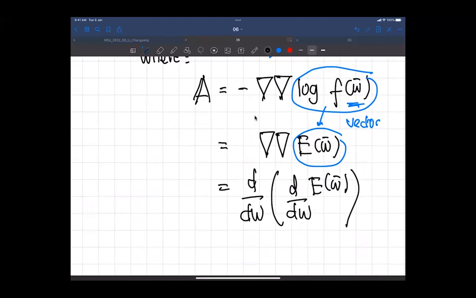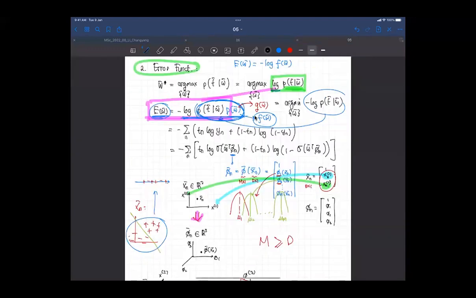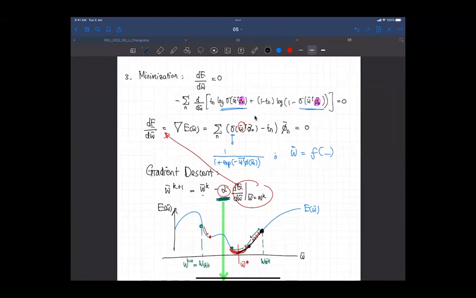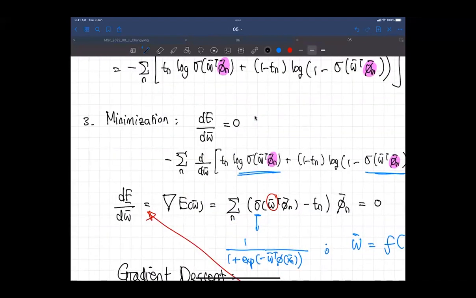The first one in the parenthesis here is called the first derivative. And then if you do another derivative, the whole thing becomes the second derivative. And actually, you also learned this one, the first derivative. So look at the minimization now. This one, dE/dW here, right? That one is the first derivative.